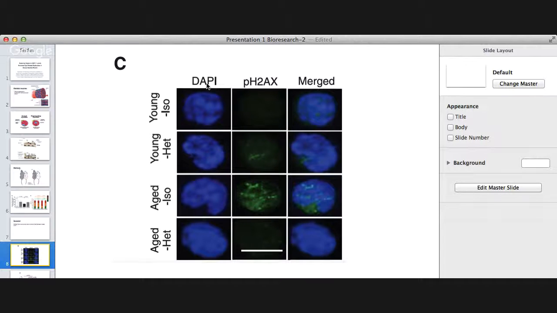And when you see the green, it's basically saying that there are phosphorylated histones, which implies that there's actually DNA damage. So you can barely see anything in the young iso or with the young mice in general. And as you work your way down, it actually becomes more apparent in the aged het.